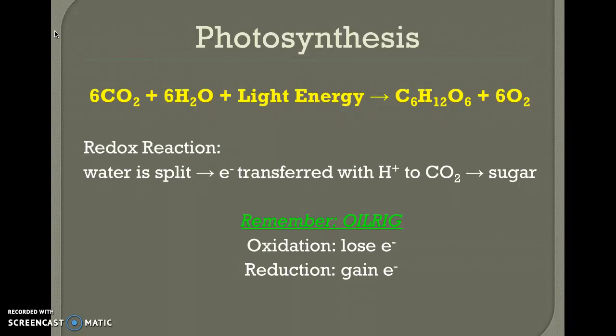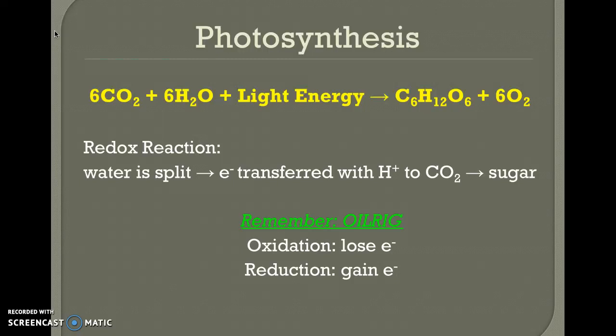Understanding the chemical equation for photosynthesis is something that should be memorized. 6 molecules of carbon dioxide require 6 molecules of water along with the sun's light energy to produce 1 molecule of glucose and 6 molecules of oxygen. Now, chemical reactions aren't one step, so there are other steps in making glucose.